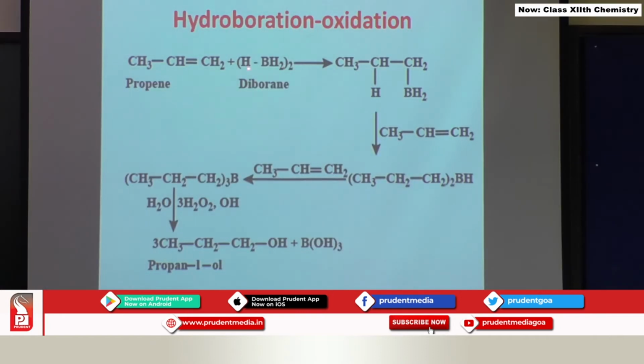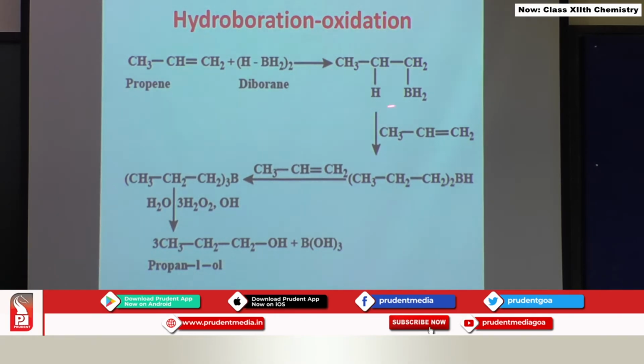Now whatever is added is H and BH2. Now this H is plus and BH2 is minus. So if you are adding the first molecule of borane, then BH2 should go to this carbon according to the anti-Markovnikov rule, and hydrogen should go to this carbon.